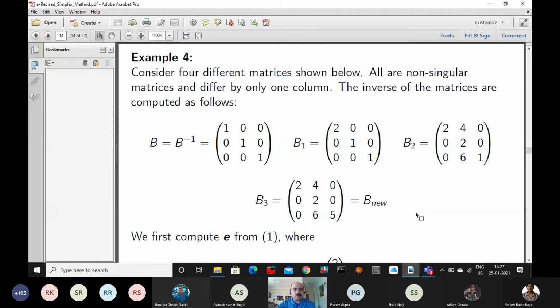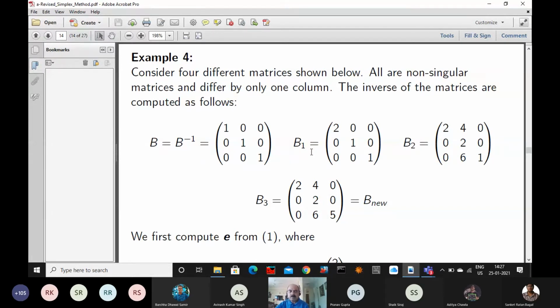See this example 4. It is very interesting. If you compare B and B inverse, they are the identity matrix. Now compare B with B1. Which column is different? The first column: 2, 2, 0, 2, 0, 0, first column.